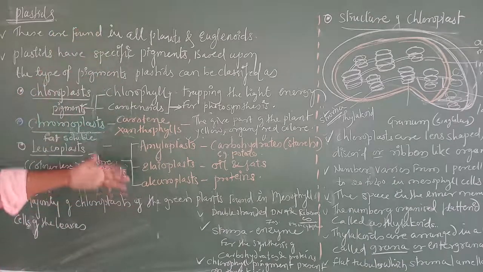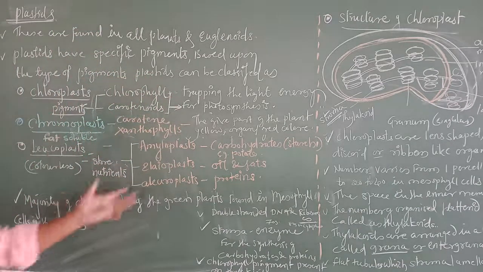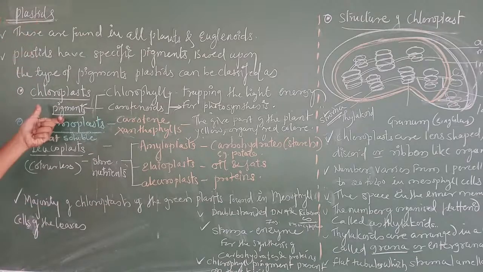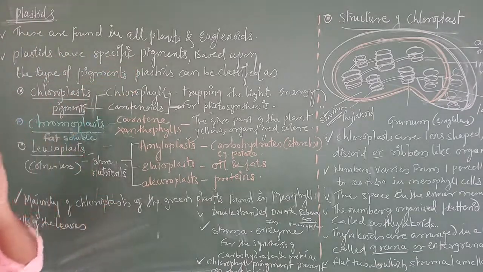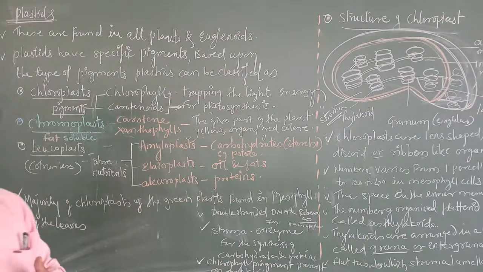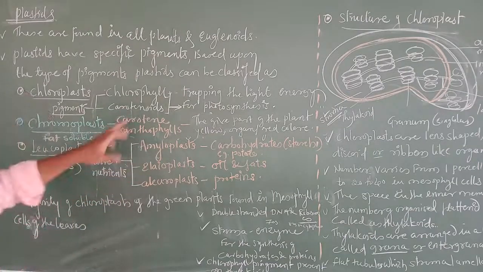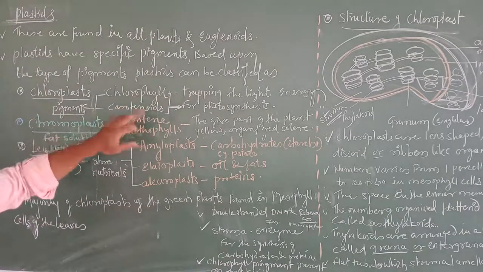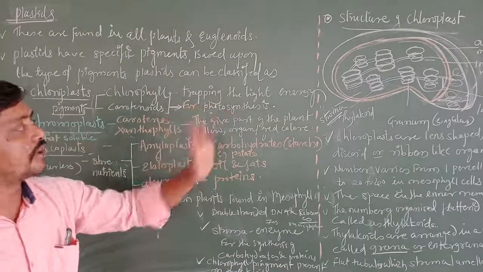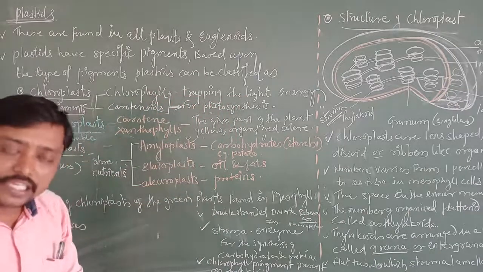Okay, whatever I told you are the different types of plastids based upon the specific pigments. You have to remember which pigments are present in a chloroplast, which in a chromoplast, which in a leucoplast, and afterwards the function of those pigments in the particular plastids. In the sense, chlorophyll a and carotenoids trap the light energy for photosynthesis.